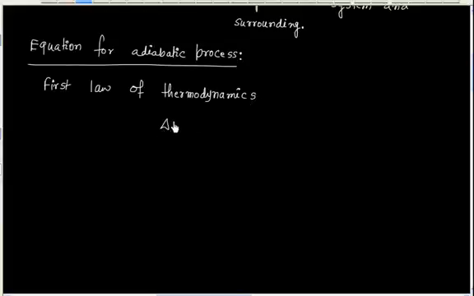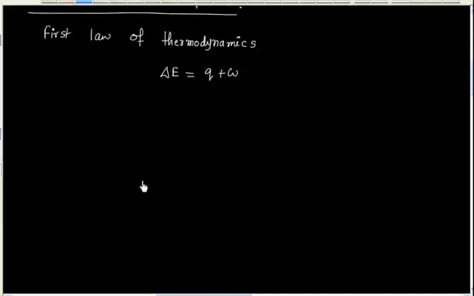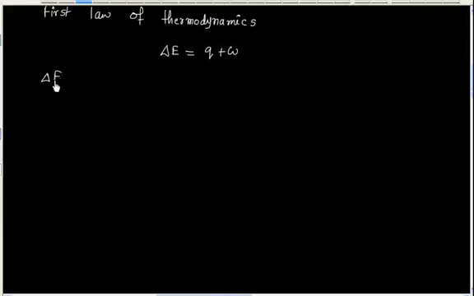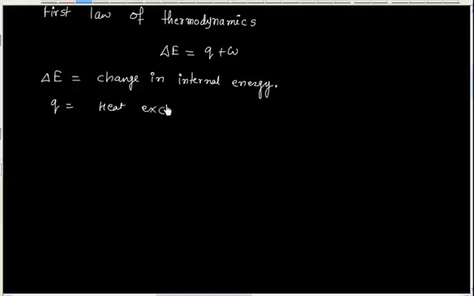That is delta E equals Q plus W, where delta E denotes change in internal energy, Q denotes heat exchange, and W denotes work.